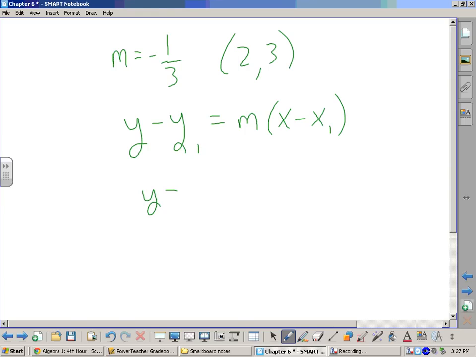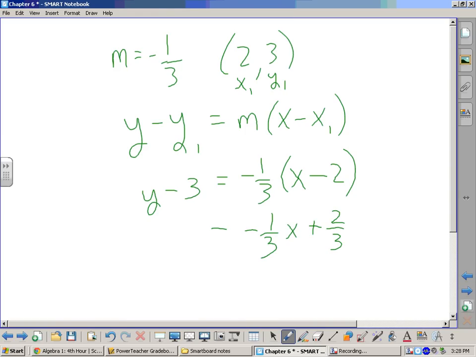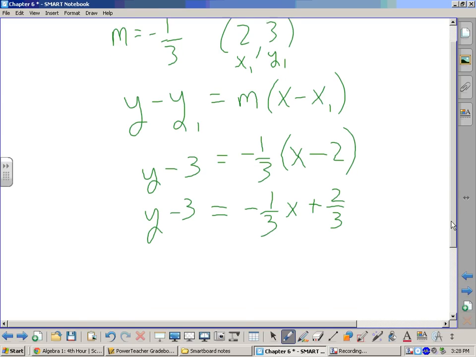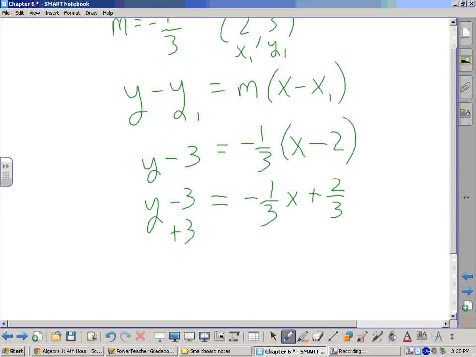So y minus, our y is 3 in this case, so here's y1, equals, our slope is negative 1/3, x minus, our x1 was 2, so we're going to put 2 in there. So we get an equation by distributing the negative 1/3, add 3 to both sides, and we get the same equation.